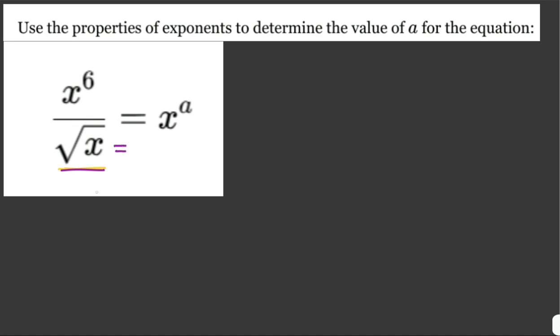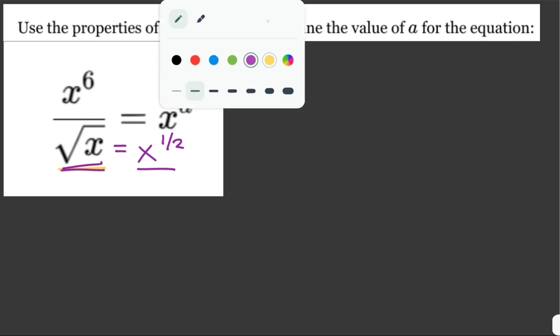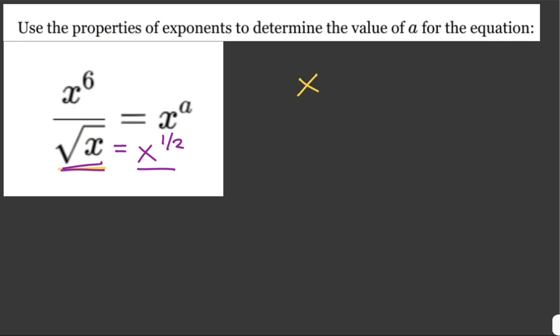The index here is 2, so square root of x is just equivalent to x to the 1/2. So our equation would become x to the 6 over x to the 1/2 equals x to the a.